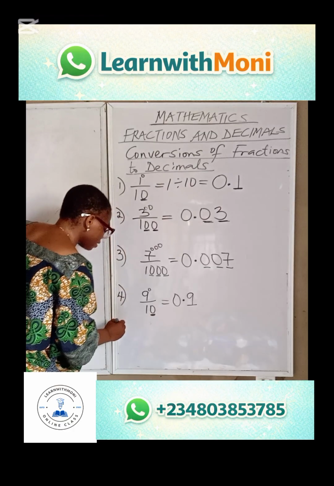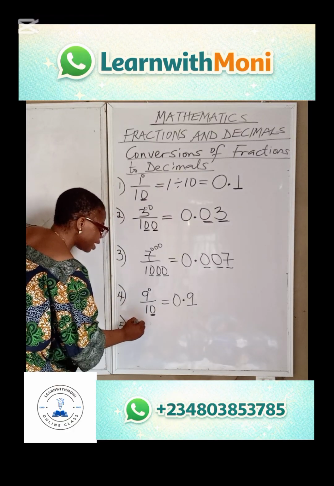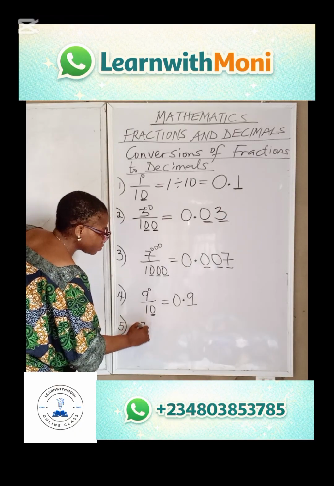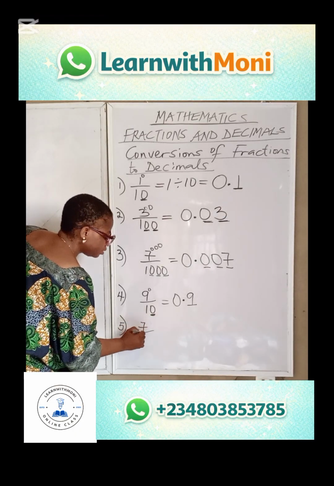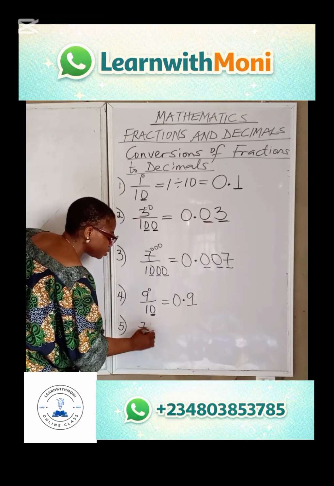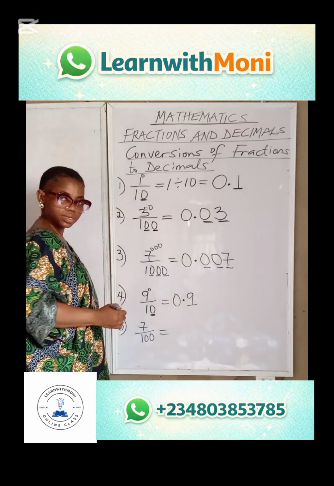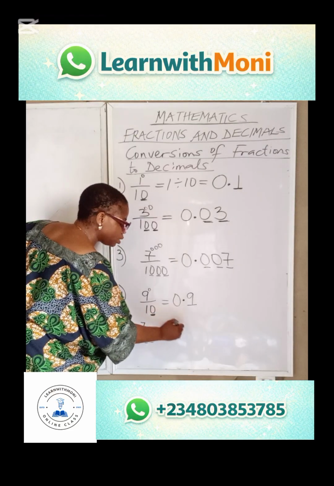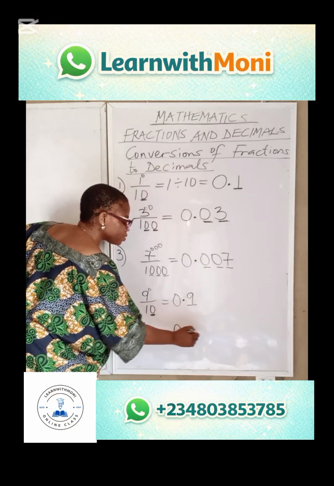Let's take a second example. Let's say I have 7 divided by 100. This 100 means I should expect 2 digits at the back of the decimal point.